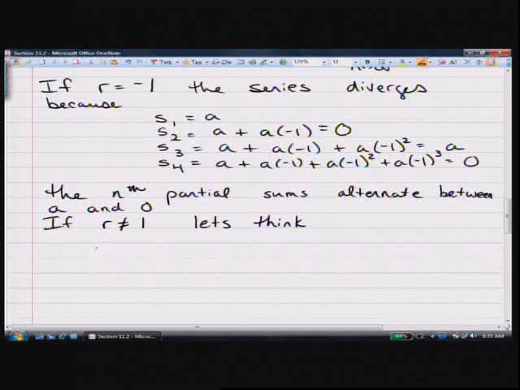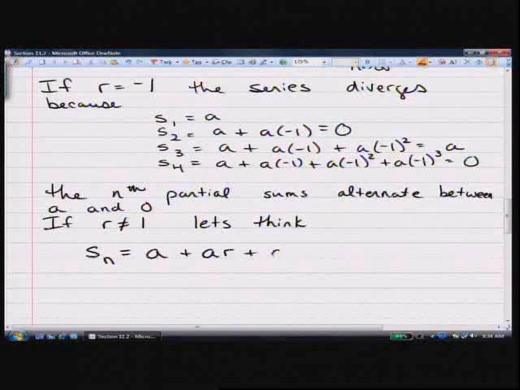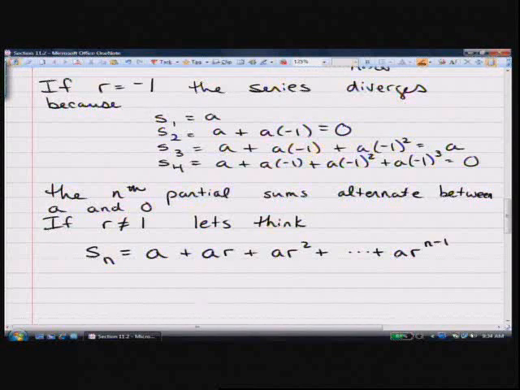So let's just think about the partial sum. S sub n is the first term plus the second term plus the third term, and you continue that pattern, A times R to the n minus 1. Okay, so that's the pattern for the nth partial sum.